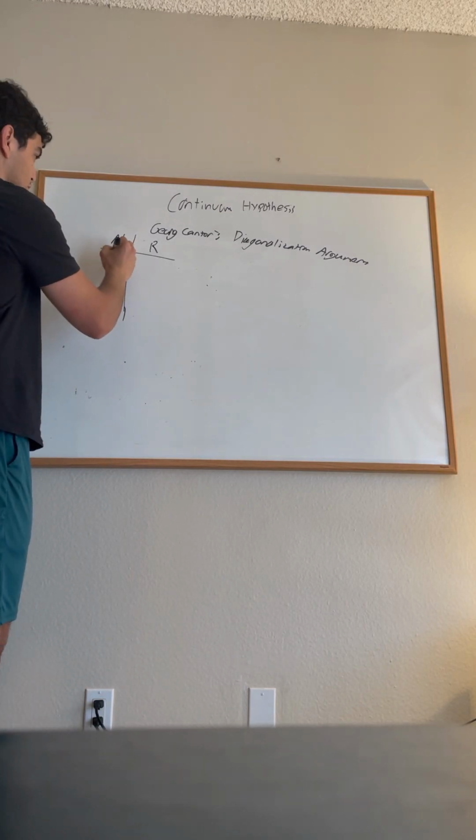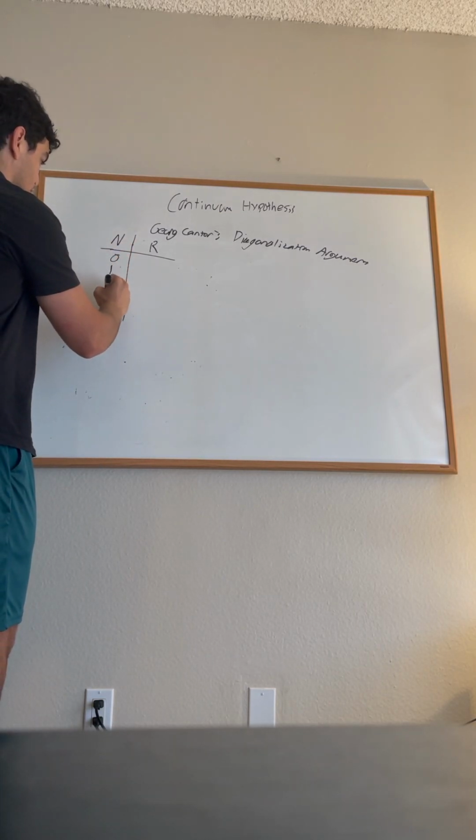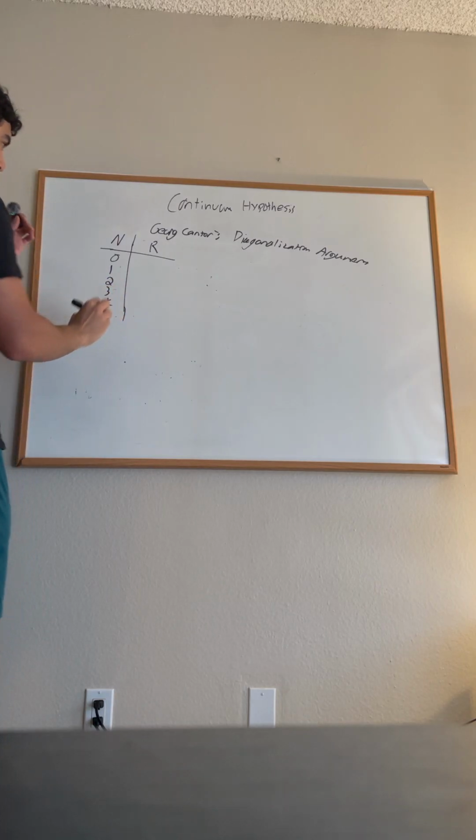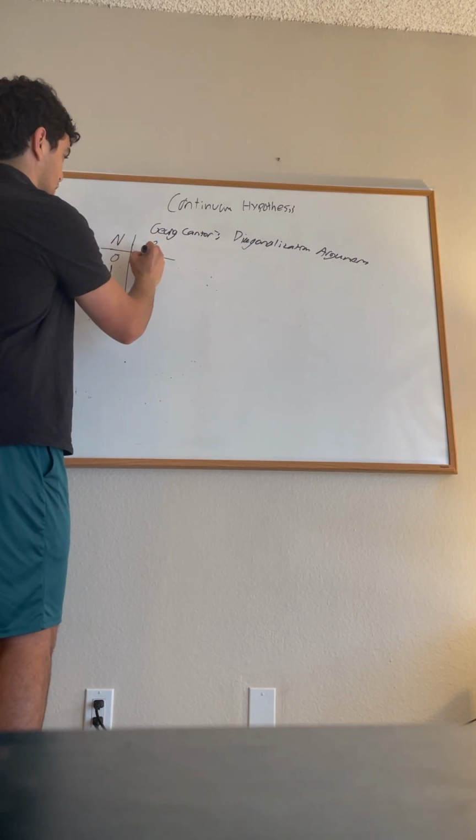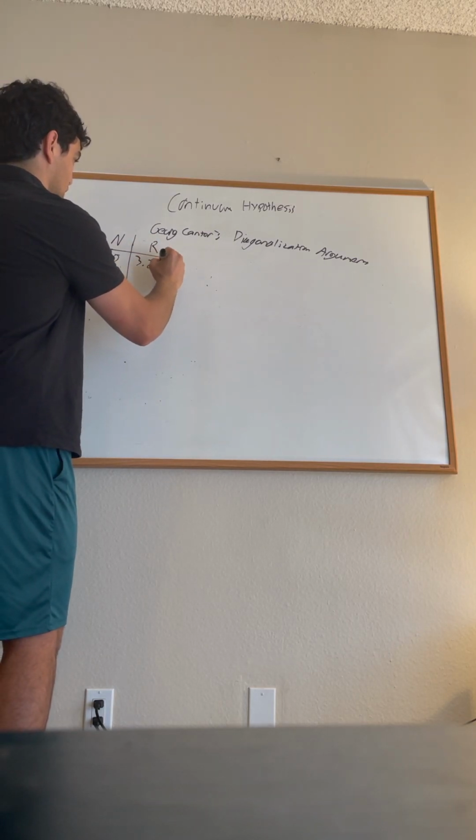So let's just start with 0, 1, 2, 3, 4. I'm going to stop here. And now I'm going to start writing out random real numbers over here. So this is 2, 4, 5, 6.